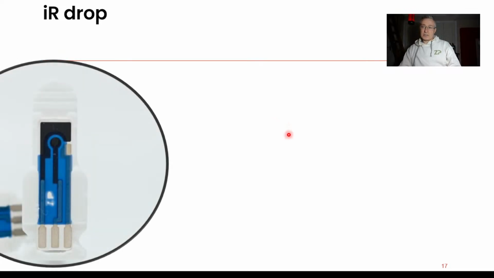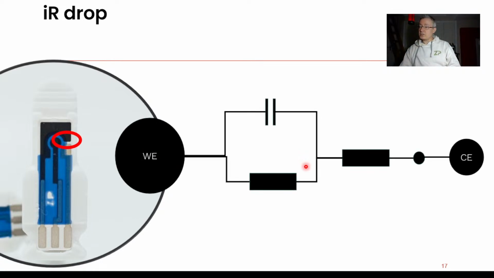So let me dive into the real question here, which is, why are we still suffering from IR drop if we're using a potentiostat? If we zoom in on what's happening between the working, reference and counter electrodes, we've got this working electrode in ionic contact with a counter electrode, and in between them I've shown what's called the Randles circuit.